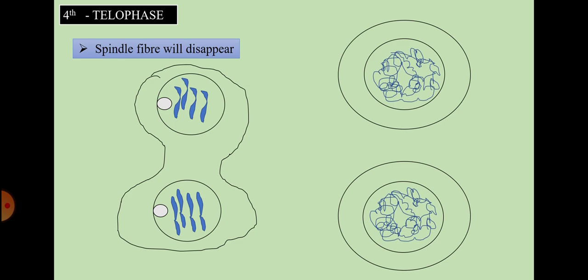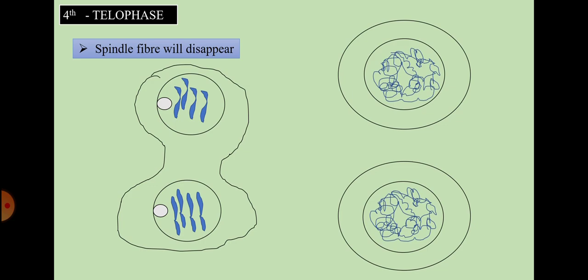Let me explain once again what happens. In prophase, the nuclear membrane and the nucleolus disappear, and chromatin fiber condenses to form chromosomes. Once the chromosomes have been formed, they enter metaphase. In metaphase, spindle-shaped fibers appear and the chromosomes are placed at the center, that is the equatorial plane. When these chromosomes are placed at the equatorial plane, then comes anaphase.